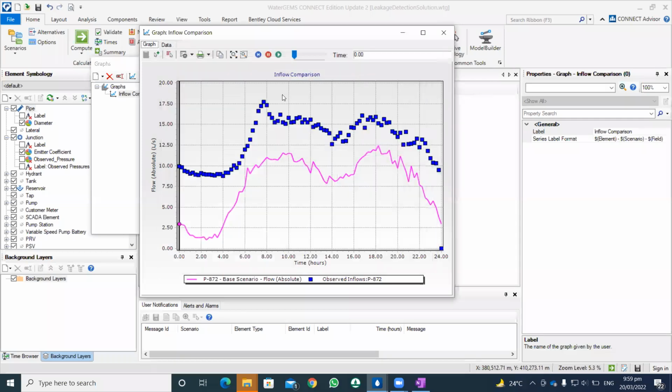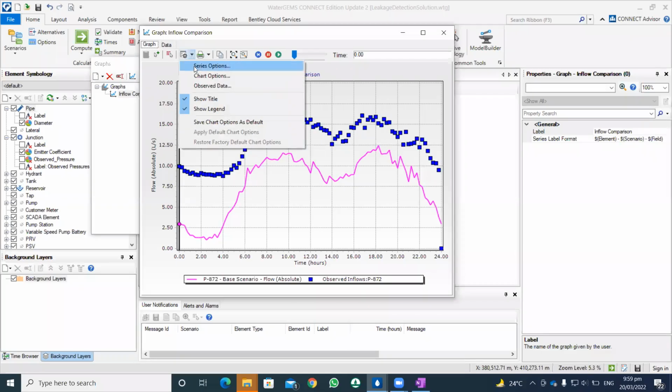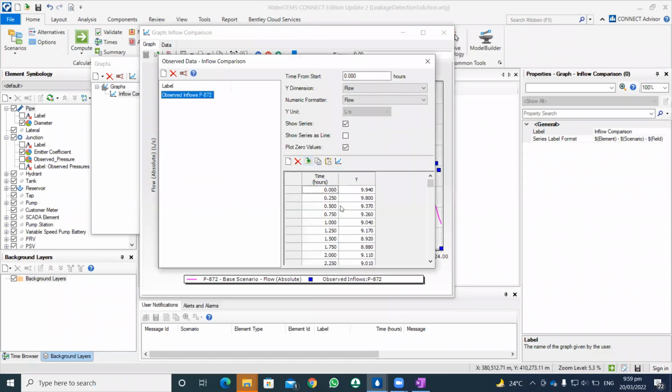For example, if you get that field data and you want to add it to that graph, to compare the behavior with your demands at the commissioning period against the field data, you can check easily by just entering these specific demands at the specific time intervals that you have calculated for the specific nodes.